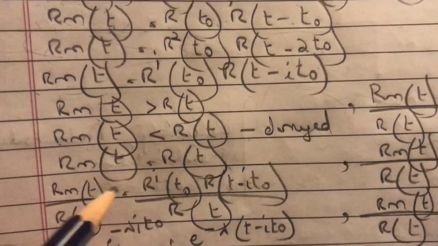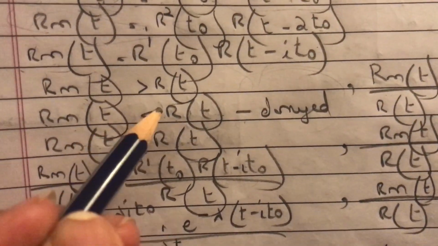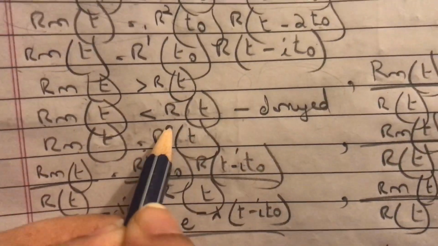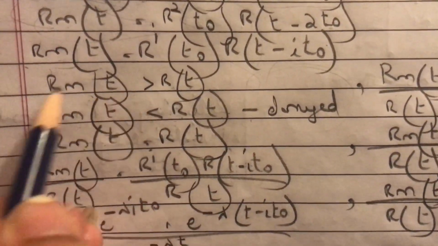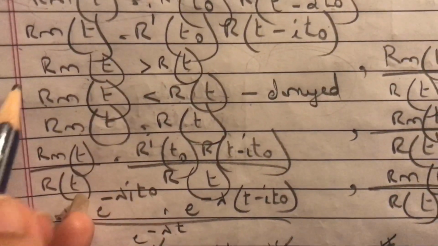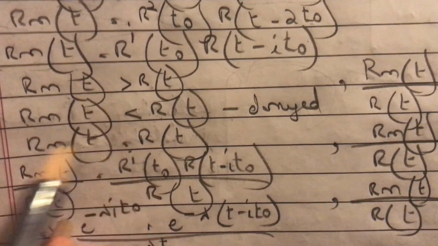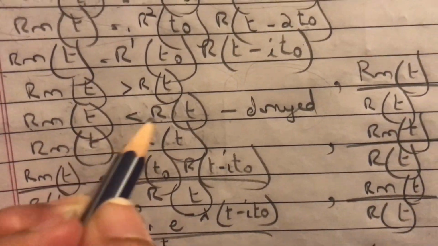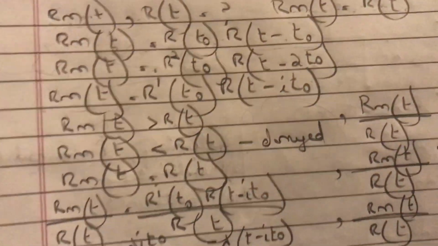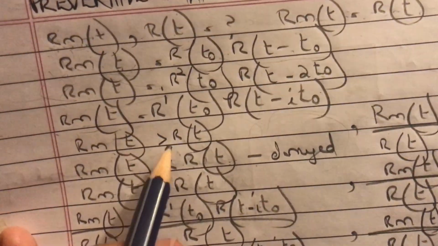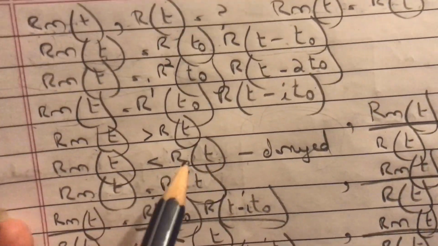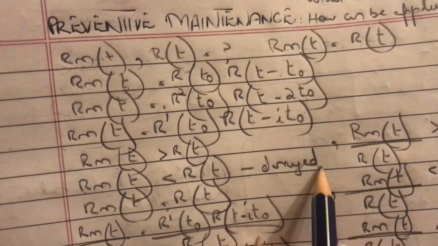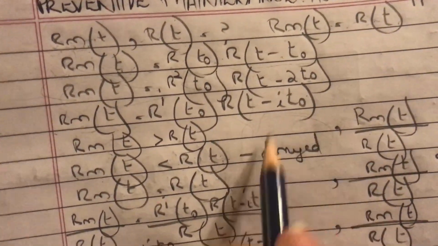When the reliability after maintenance is less than the present reliability, it is useless. So when it is less than R of t, we call it damaged.